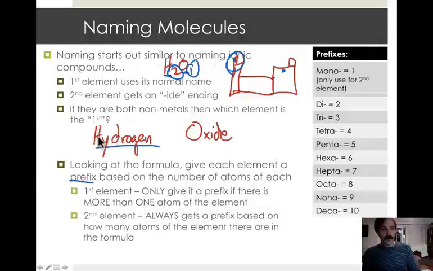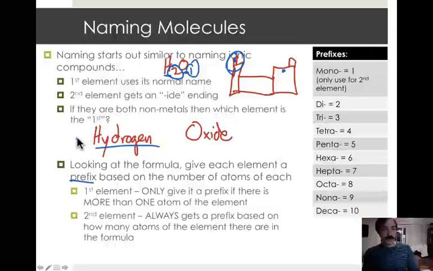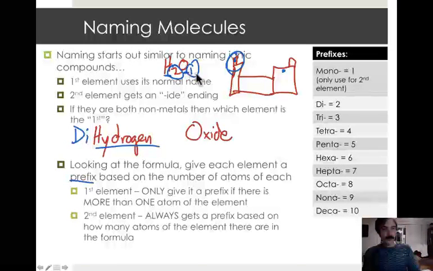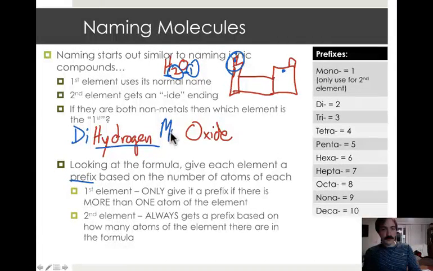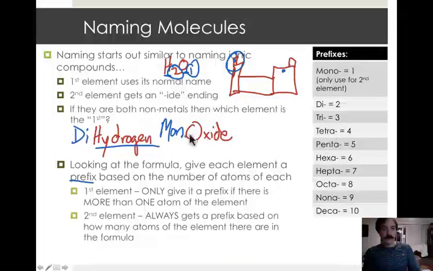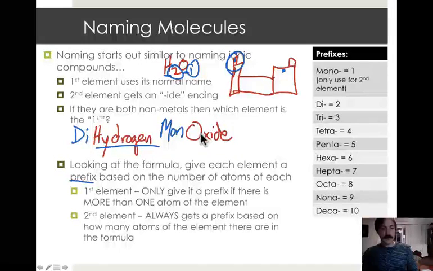So we go to the name and add a prefix, meaning a front end, to this name. Hydrogen, we have 2 of them, so we go over to the prefixes, and it's di. So this is dihydrogen. Then I look at the oxygen, I only have 1 of them, so the prefix is mono. Now, since it would be monoxide if we added that O, we can drop the O from the prefix in the case of oxide, because there's already an O there. So we'd call this dihydrogen monoxide, which means it's 2 hydrogens and 1 oxygen.